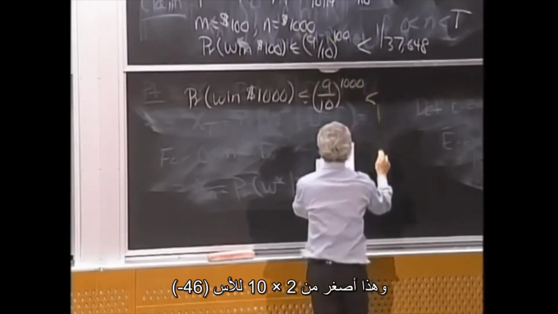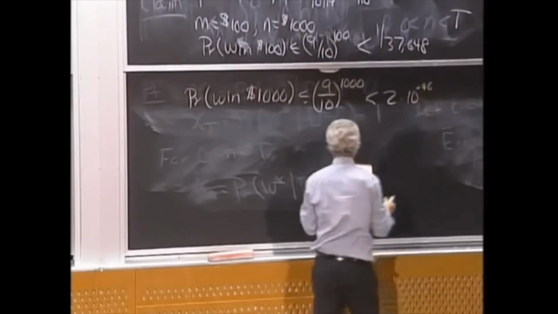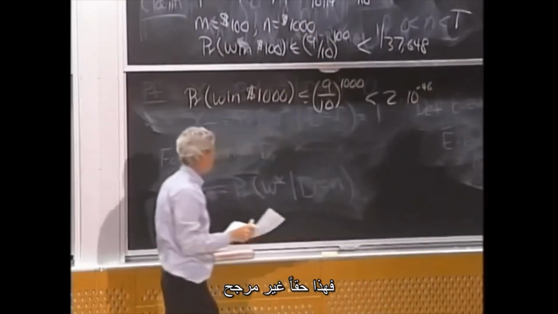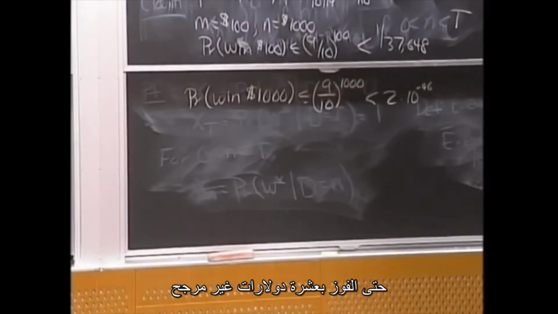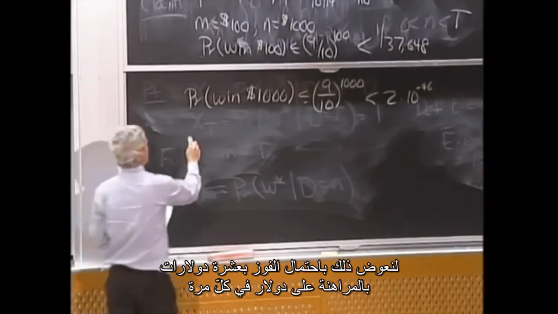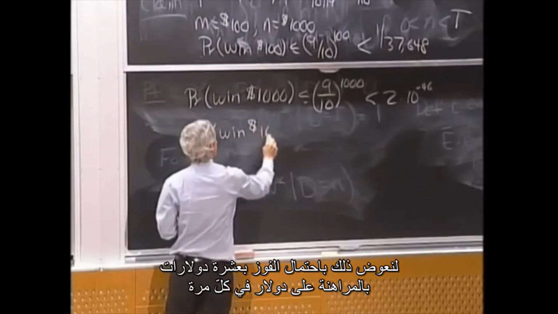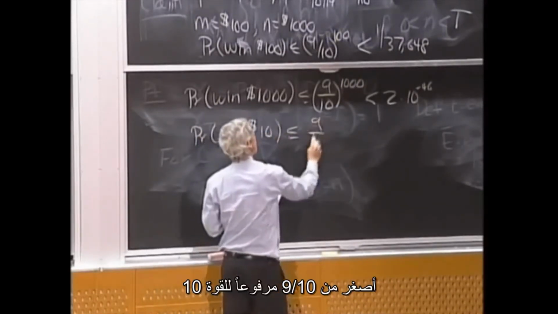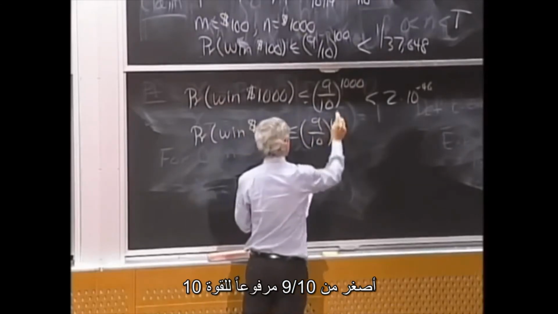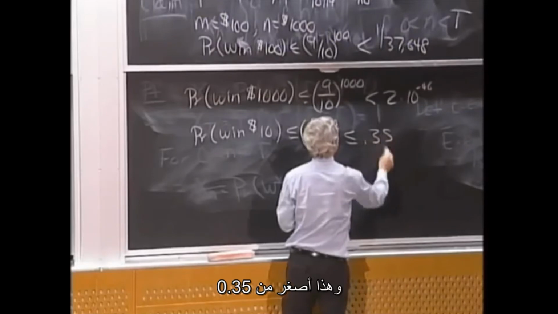That's less than 2 times 10 to the minus 46. Really, really, really unlikely. Even winning $10 is not likely. Just plug in the numbers, the probability you win $10, betting $1 at a time, is less than 9/10 to the 10th power. That's less than 0.35.